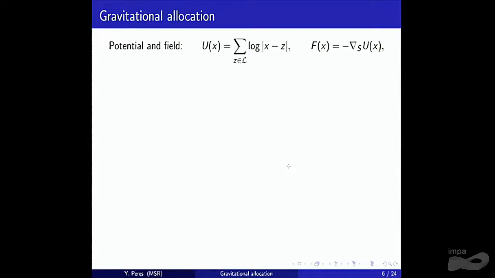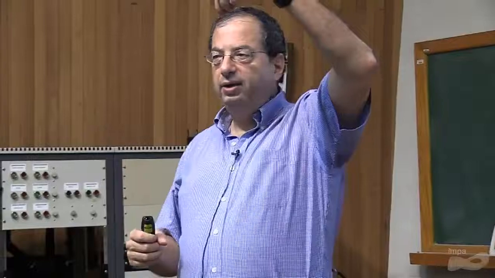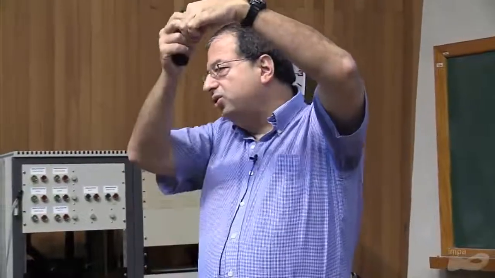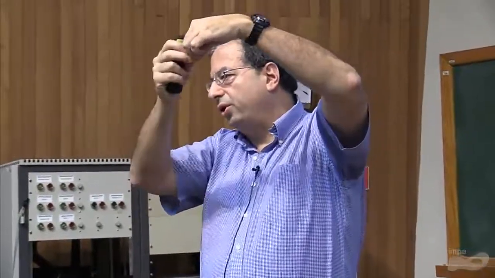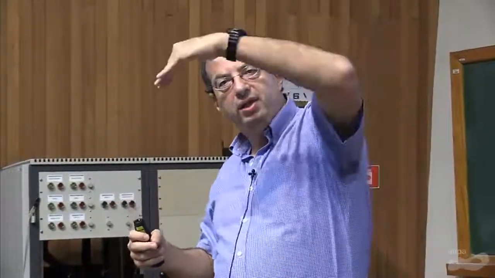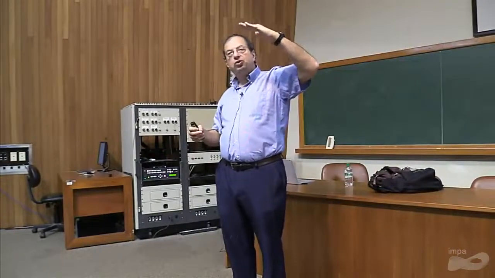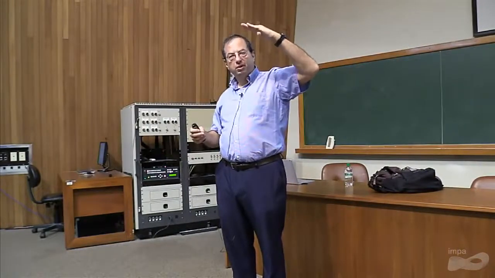We sum over the stars; this is the gravitational potential at the point x, this sum of the logs. And then we're going to look at a force which is minus the spherical gradient of this potential. If you look at the potential at the point x and take its gradient vector, this will generally point inside the ball somewhere. But we want a movement on the sphere, so we take the gradient and project it to the tangent plane of the sphere. That's what's called the spherical gradient of the potential.